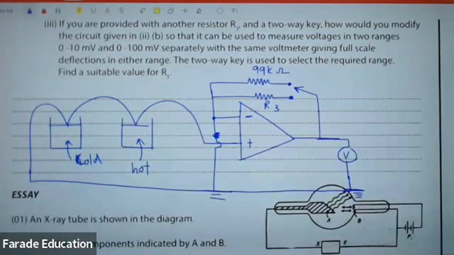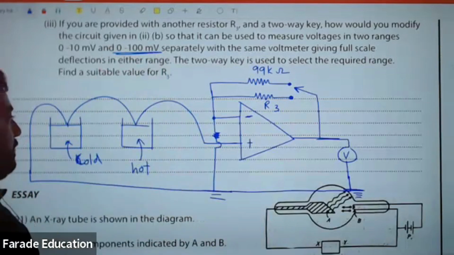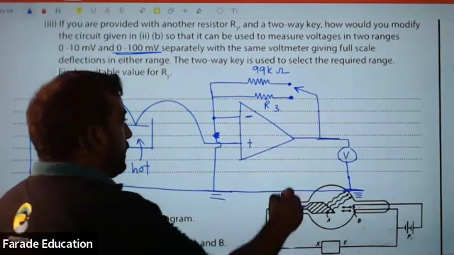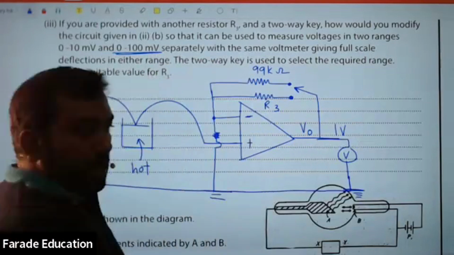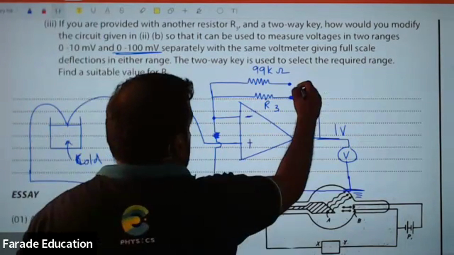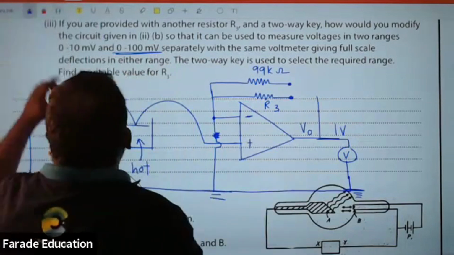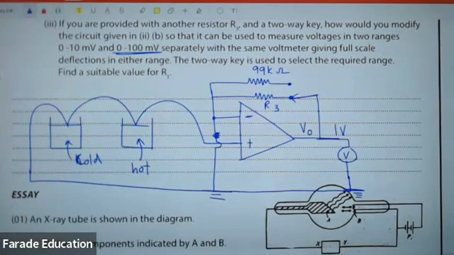Okay, now they're asking you to find the value for R3. This is your input, 100 millivolts, full scale deflection. Output is going to be 1 volt. You're going to connect this here with R3.